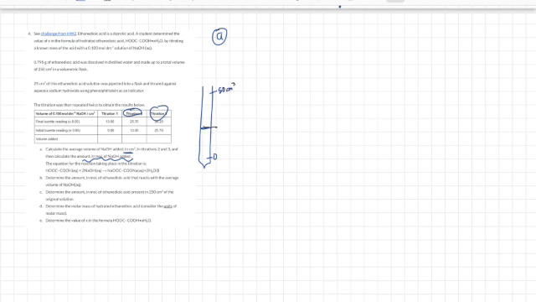And so you record where the volume is. Maybe you start the solution up here at 50, you release some to do your titration, and then the volume moves down a little bit to down here. Well, then you would record this difference to get the volume of NaOH added.